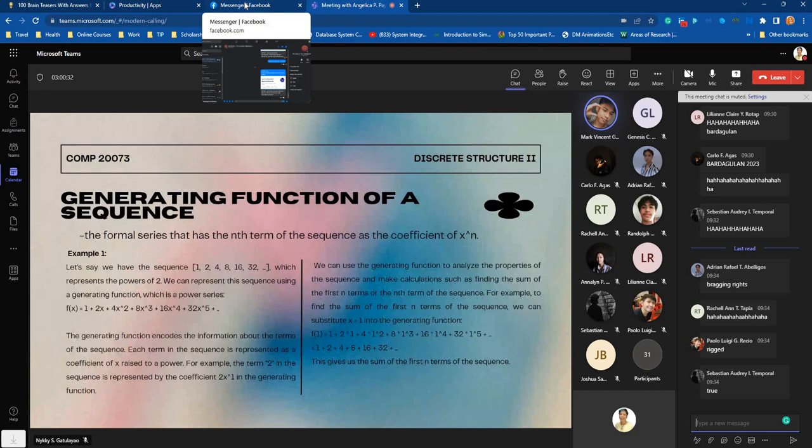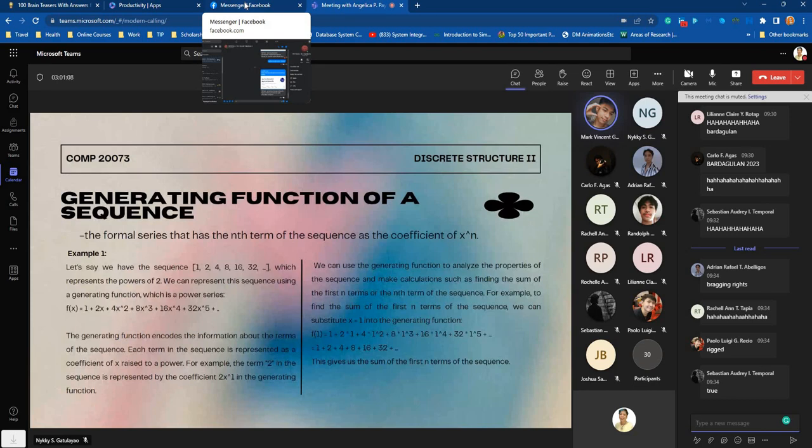We can represent this sequence using the generating function f of x equals 1 plus 2x plus 4x squared plus 8x cubed and so on. Each term in the sequence is represented by a coefficient in the generating function.